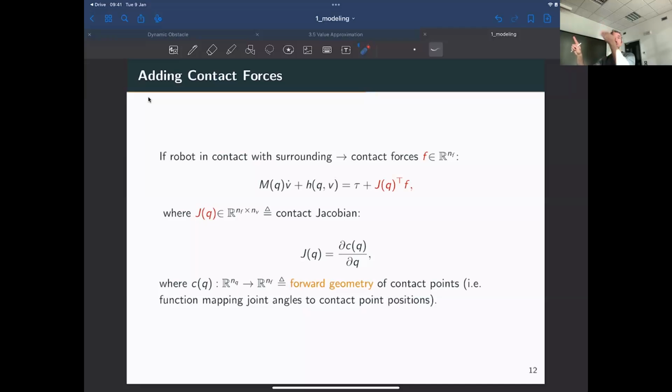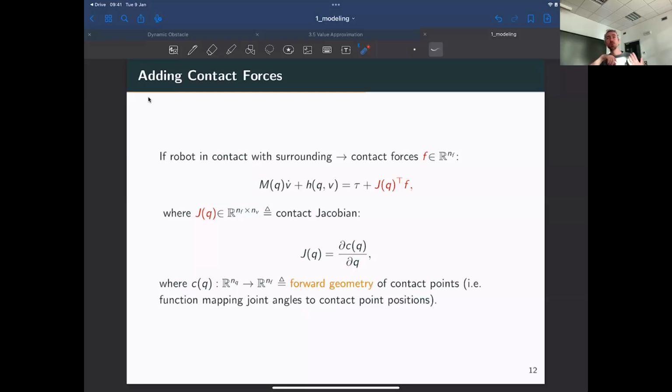And if I take the derivative of this function with respect to Q, since I'm taking the derivative of a multivalued function, because my fingertip position is three-dimensional, so I have a three-dimensional function, which I'm deriving with respect to Q, which is an n-dimensional vector, this derivative is going to be a matrix.